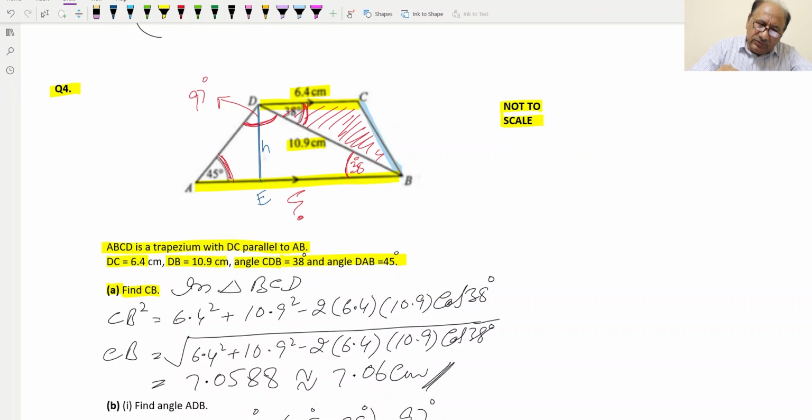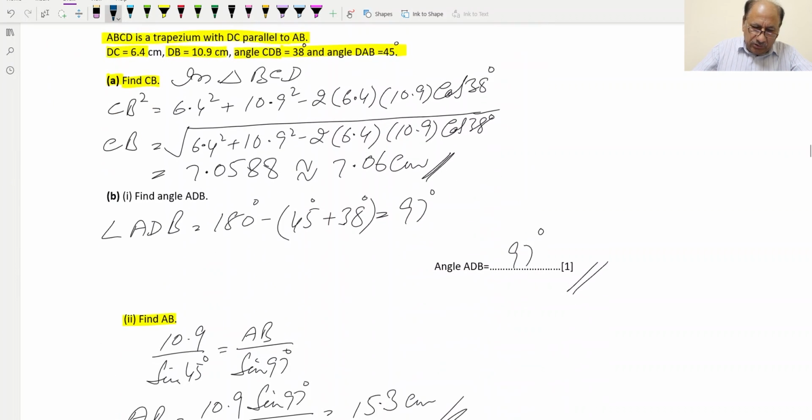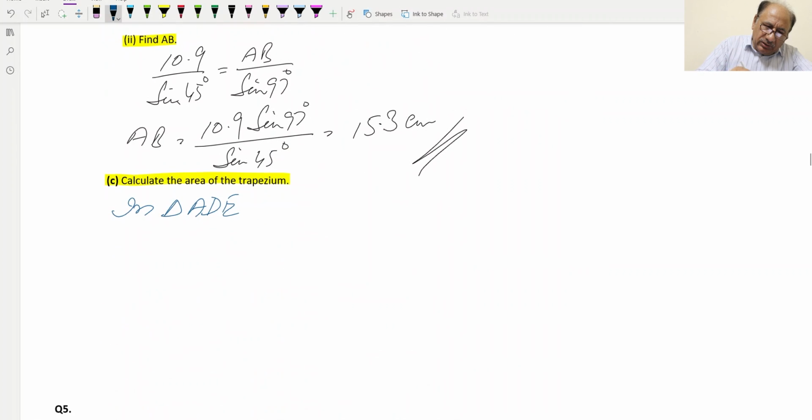We will be considering this triangle. Basically, we require the height h. So DBE, in triangle DBE.